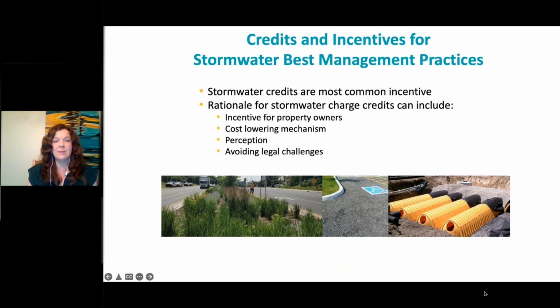It can be an incentive for property owners to lower their stormwater charge. It's also quite important to consider, both from whether people utilize it or not, that you have given them an option to lower their stormwater charge, and it can also help you avoid legal challenges down the road too.